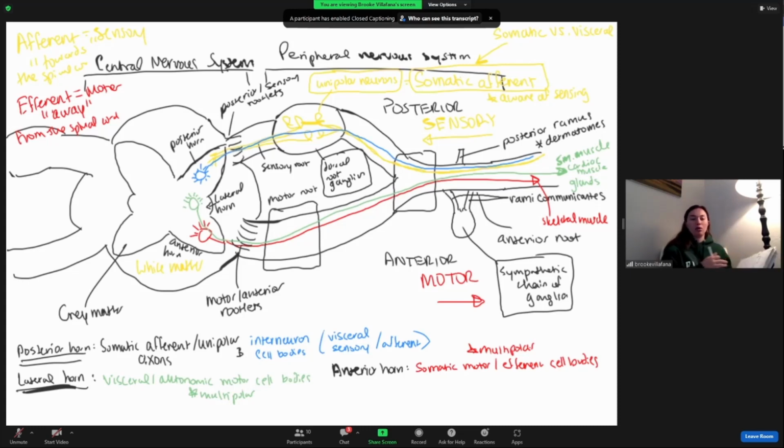Once we finish this, we'll go back and talk about the brain model and the spinal cord models, a good way for you guys to review this. Do you guys have any questions while we're still on this screen before I change over?